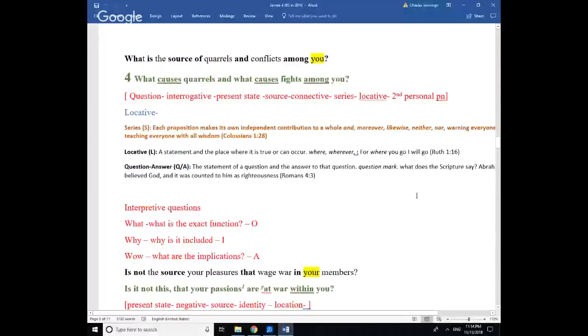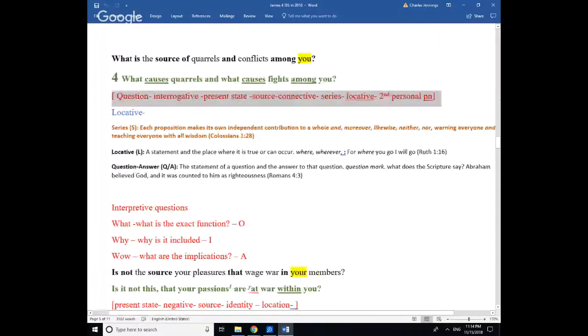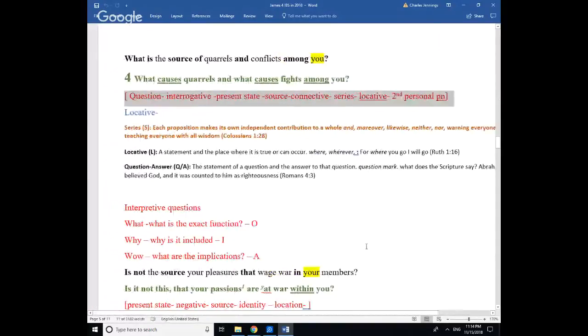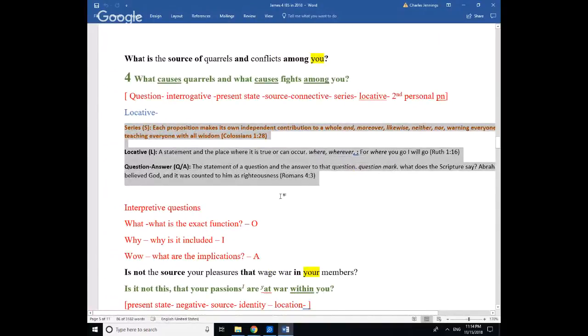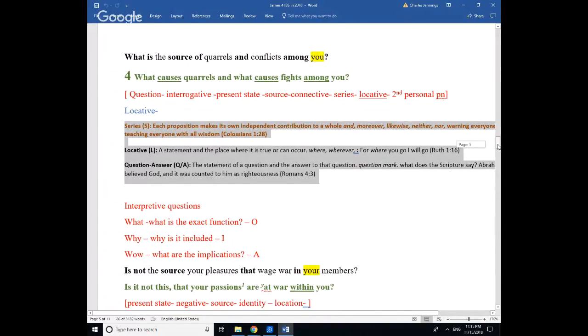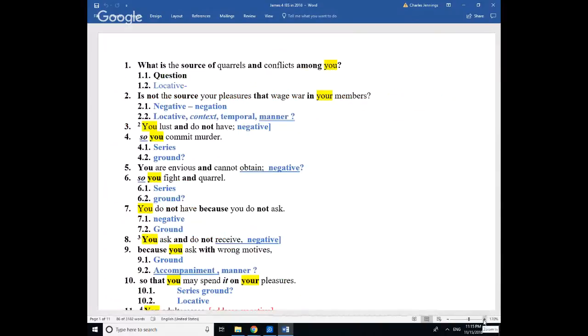Basically, the black was the NASB, the green was the ESV, the red were observations we made before we ever looked at the other categories. And these other categories right here were the Bible art categories. Now this time I have turned it into an outline.